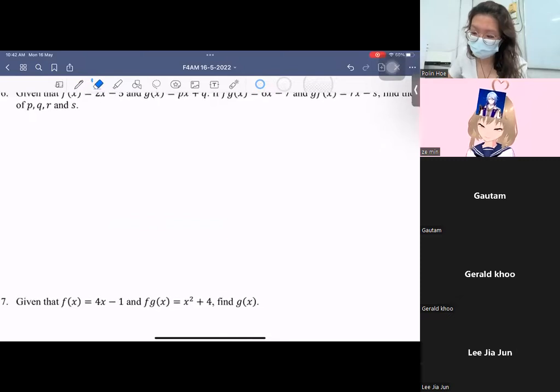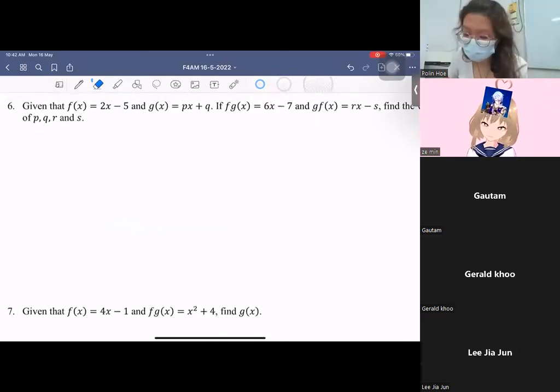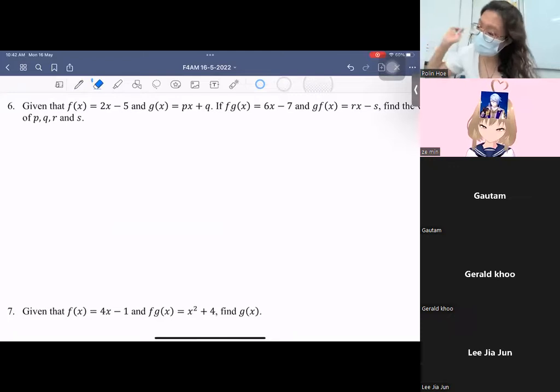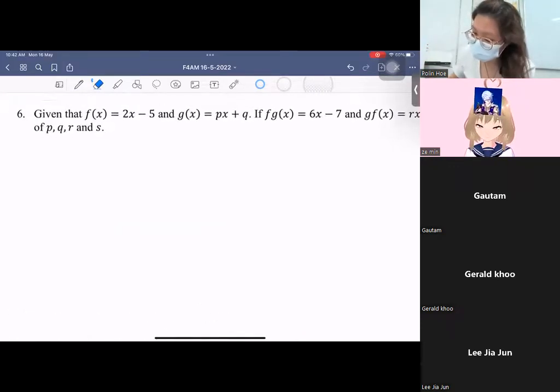Question 6. Given that f(x) = 2x - 5, g(x) = bx + q, and f(g(x)) = 6x - 7.